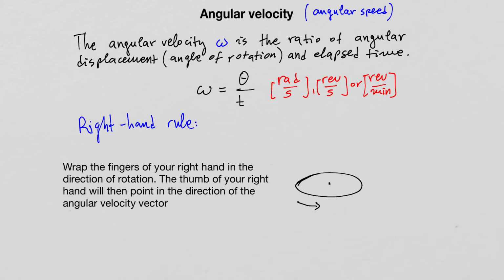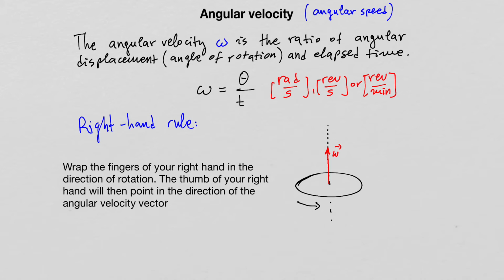The axis of rotation is straight through the center of the disc. Now, if you wrap the fingers of your right hand in the direction of rotation, the thumb of your right hand will point in the direction of the angular velocity vector, which is up. And so this is the angular velocity vector.